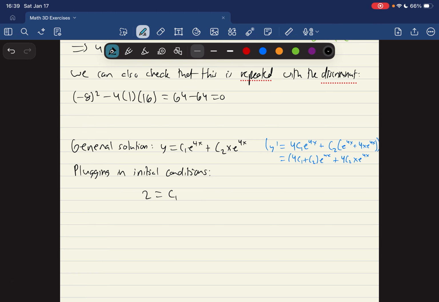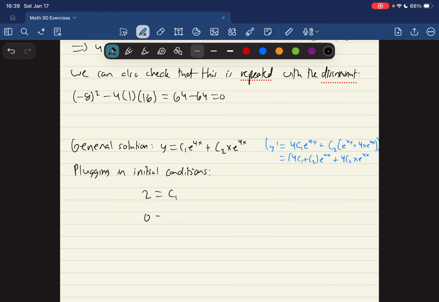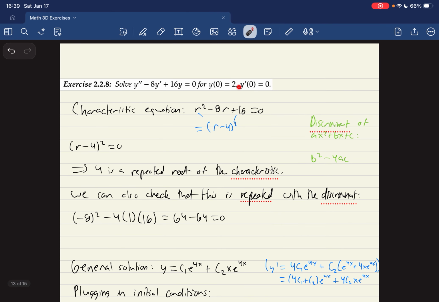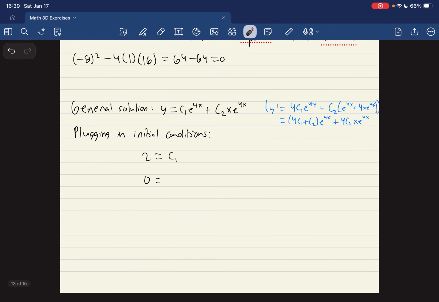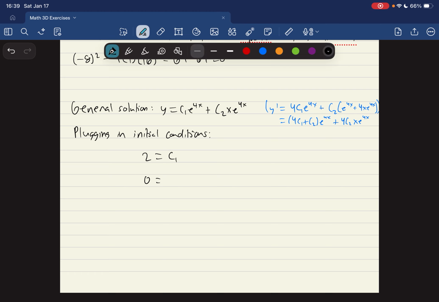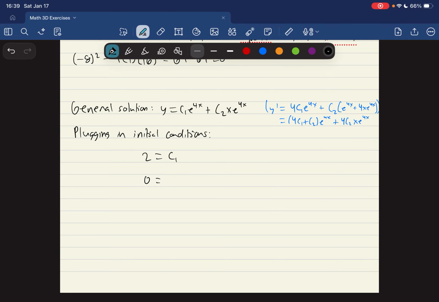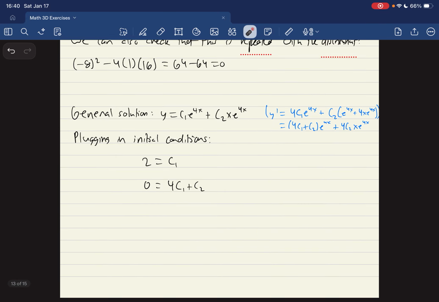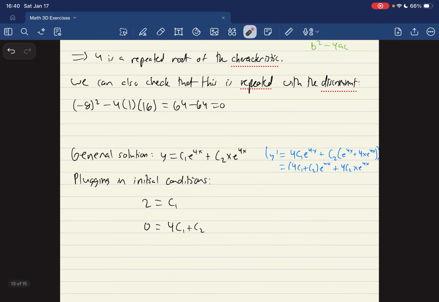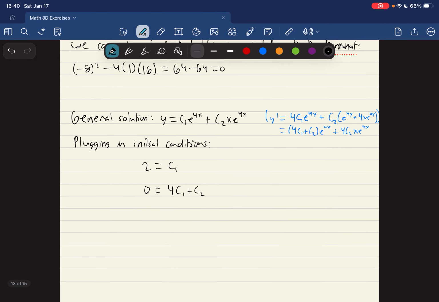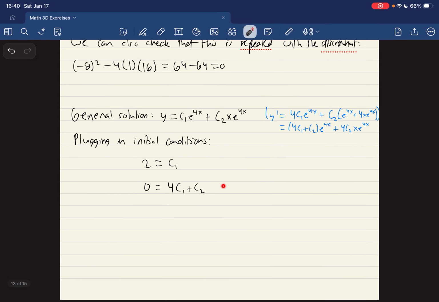Okay, so now for our next initial condition, we're given that y prime of 0 is 0. So if we plug in 0 into this equation here, the left side will be 0, but the right side is going to be, well, if we plug in 0 for e to the 4x, again, it's just 1. So we get 4c1 plus c2. And once again, plugging in 0, this vanishes, and so this is our second equation at that point.